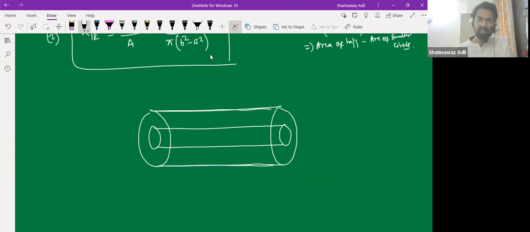And you remember these are curved surfaces, right? So I have to calculate, so how should I show this one? This is the cylinder, right? And I have to calculate the resistance between, let's say, this one is the outer plate, and then the inside plate.